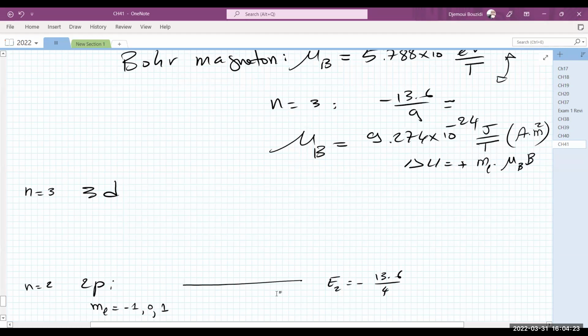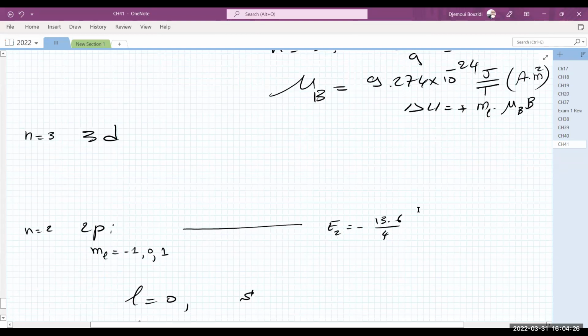So let's look at this situation in here. I have a -13.6 over 4. I add to it ML in this situation. For ML equal to 0, I don't add anything. So the value in between stays the same, and the energy is not shifted upward or downward. For ML equals -1, I'm going to shift it downward.